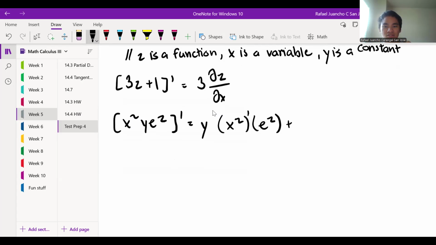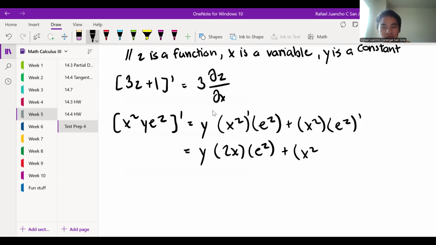I take this, I add, I take the derivative of that. Well, now I get y, I get 2x, I get e to the z, add, take the derivative of e to the z, and then it's partial.